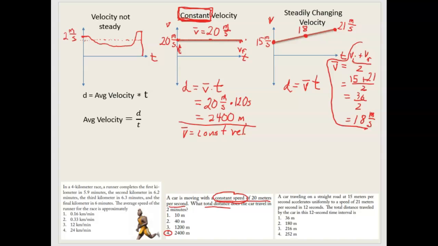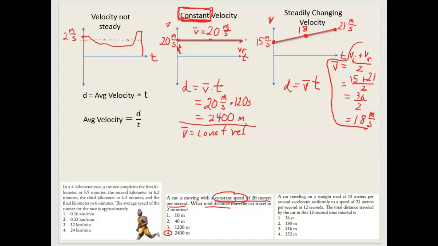Okay, so you can apply this formula in this situation as well. You cannot apply this formula in this situation because it is not either a constant velocity or a steadily changing velocity situation. Okay, but if you have a steadily changing velocity, our average velocity is the midpoint velocity.